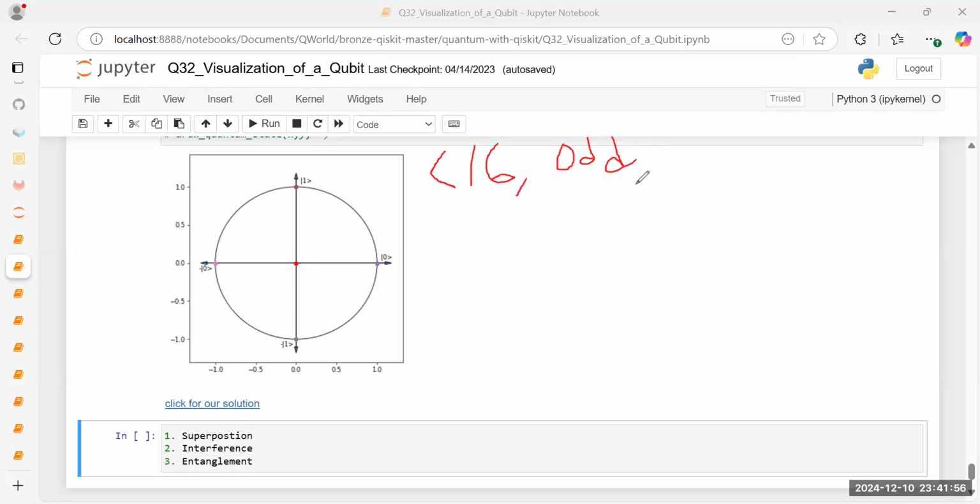It should be divisible by 3. I'm not even sure I can spell divisible. It should be divisible by 3, and maybe greater than 12.